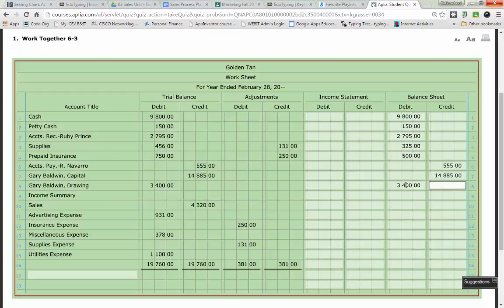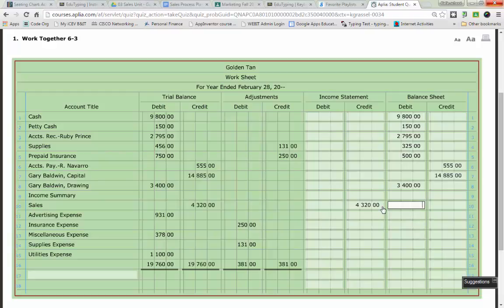So now I am to my next account, which is sales. Classification on that one. Jordan. Revenue. Where does revenue go? Income statement. Bing, bing, bing. 4,320 as a credit. Dalton.